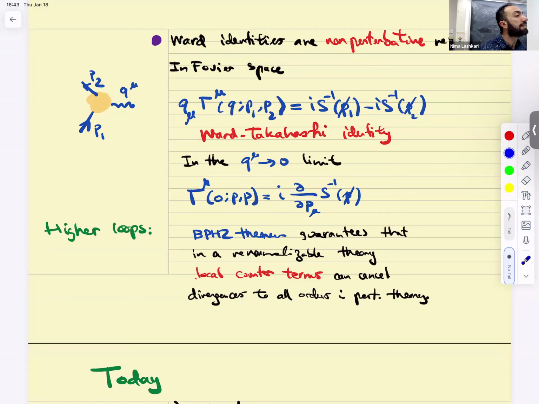Why do I keep insisting on locality of counterterms? What physical consequences are there for the cases where the counterterms are non-local? Remember that the counterterm Lagrangian was the bare Lagrangian minus the renormalized one.